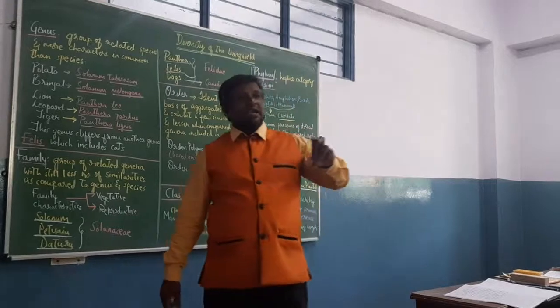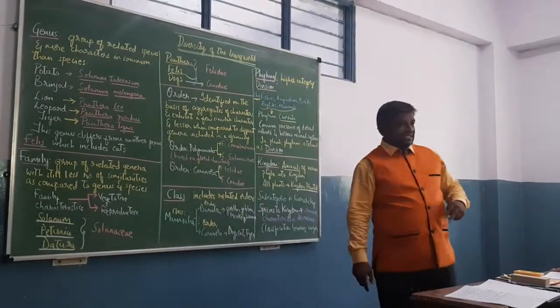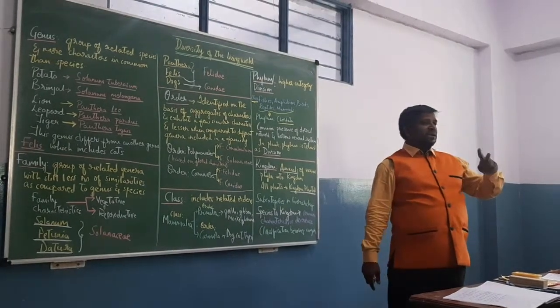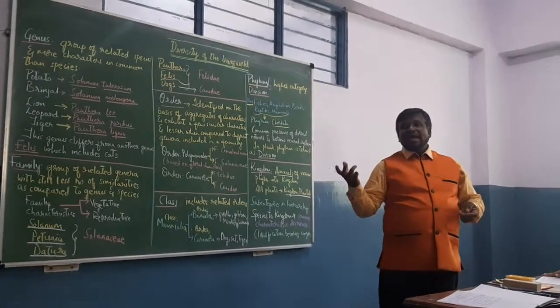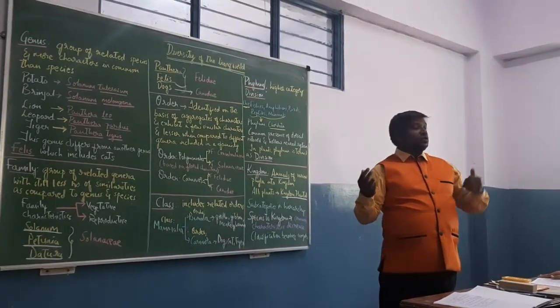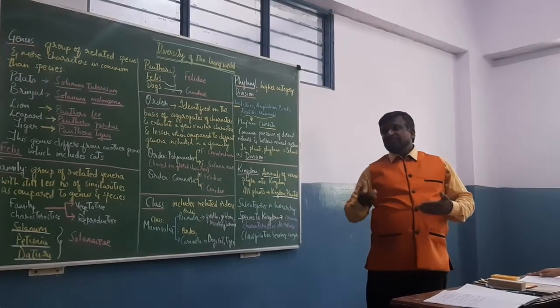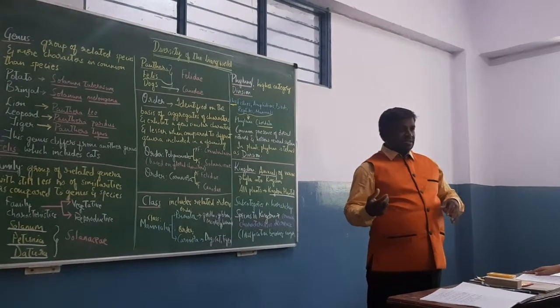This Vertebrata is divided into 2 superclasses: superclass Pisces and superclass Tetrapoda, the 4-limbed animals.